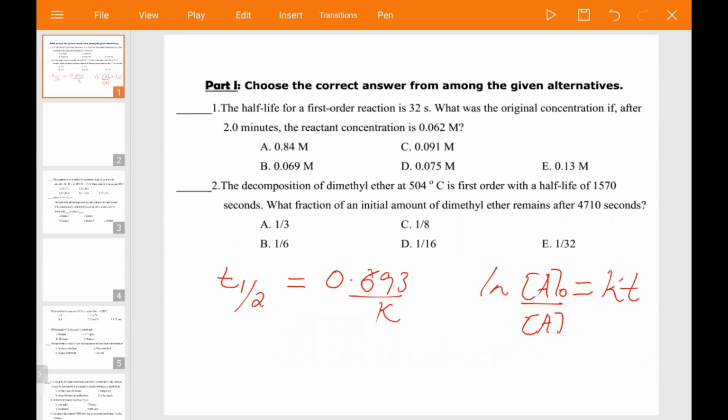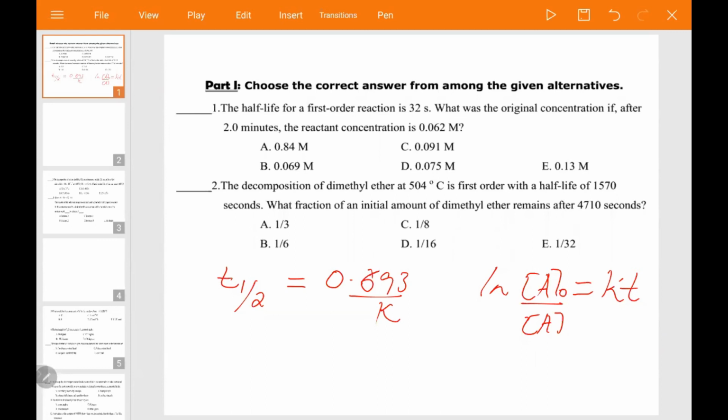A naught means the initial concentration, and A means the concentration at any time. If it is half-life, A will be half, so this will be 1 over ln of half.